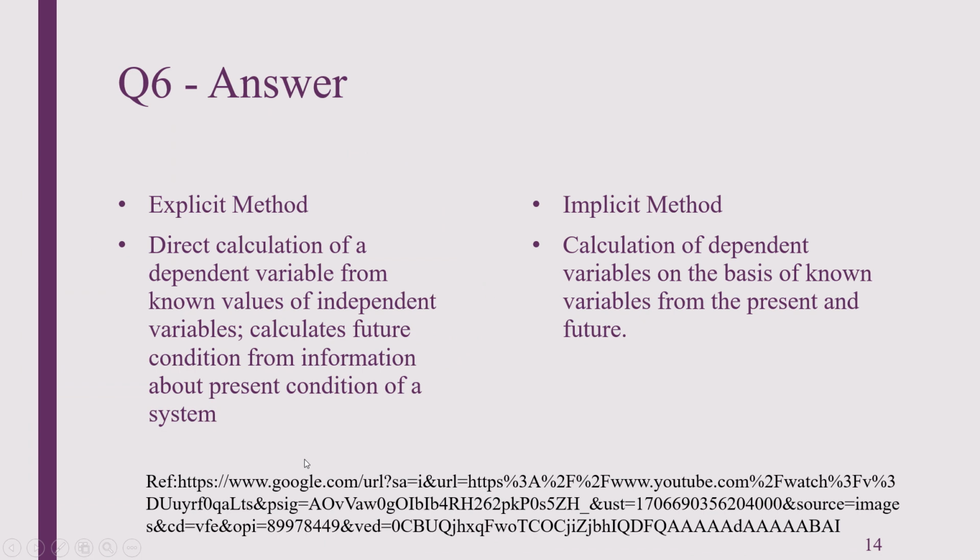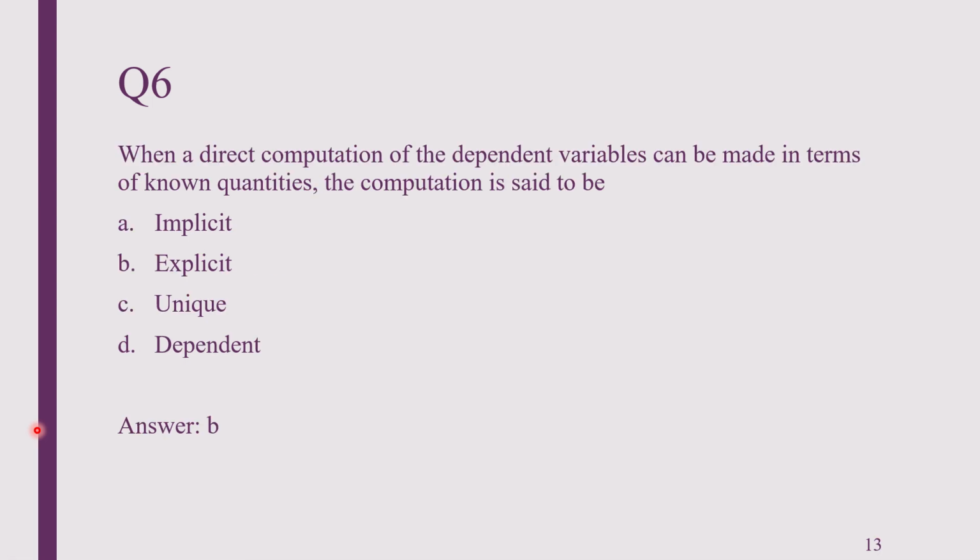I have given a reference which you can go through if you have further doubts. In this question it is asked: when a direct computation of the dependent variables can be made in terms of known quantities, the computation is said to be implicit, explicit, unique or dependent. Explicit is the right answer because we are using all known quantities, whereas in the implicit method we use the future condition as well and solve the equations simultaneously.